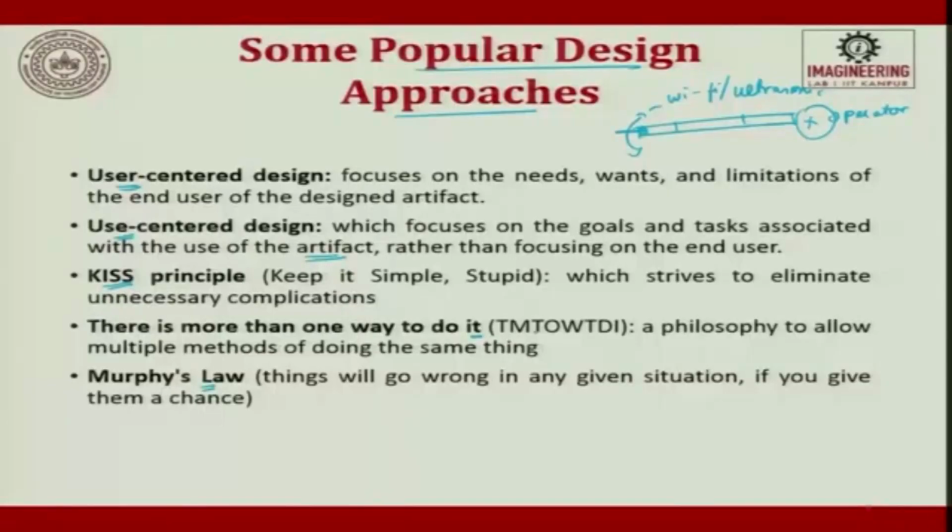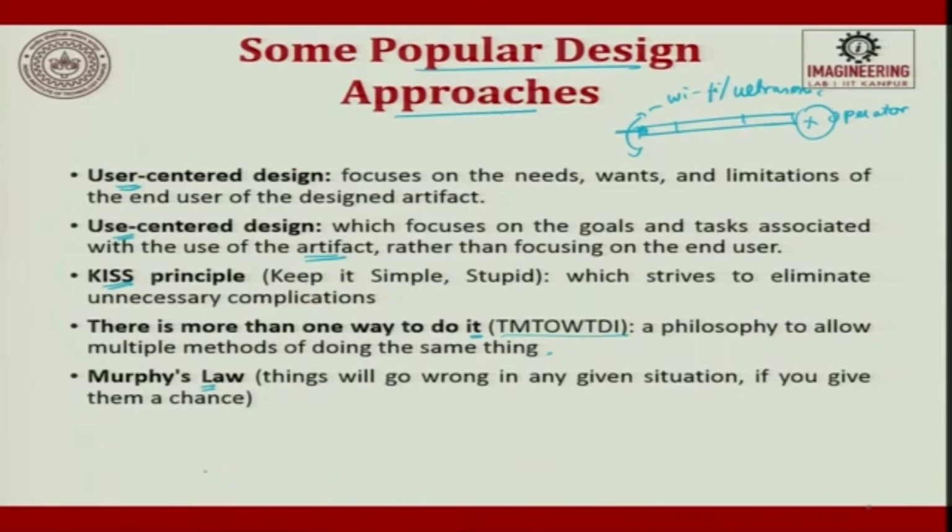So, generally what we think is there is only a unique way of going towards the answer, not necessarily. So, that is what is told in this concept. There is more than one way to do it, a philosophy to allow multiple methods of doing the same thing. So, what happens is, when you try to solve the same problem through other routes, you try to figure out simpler steps, and you also try to come out with an error free solution. So, that is what is used in this approach. There is more than one way to do it.